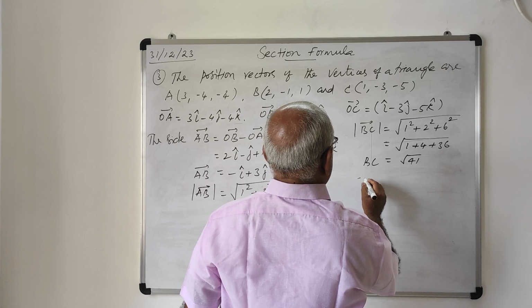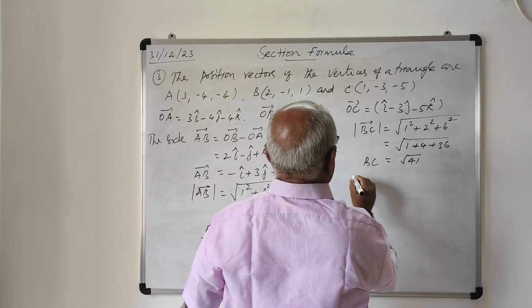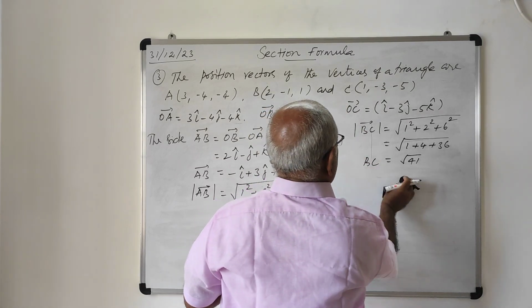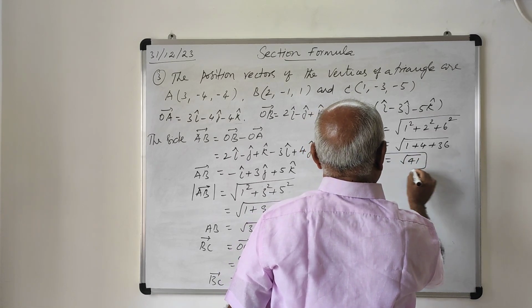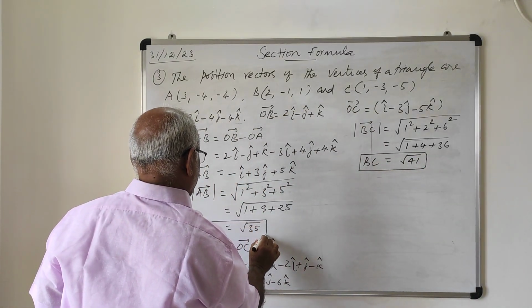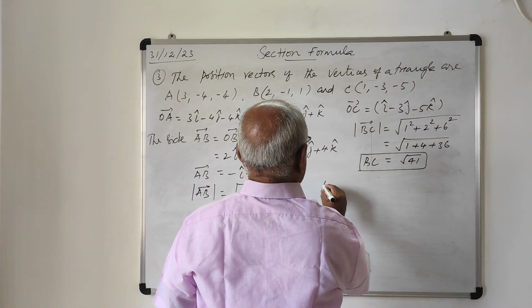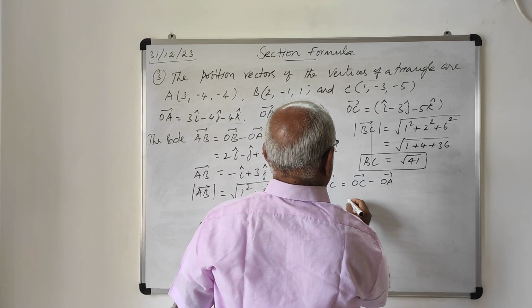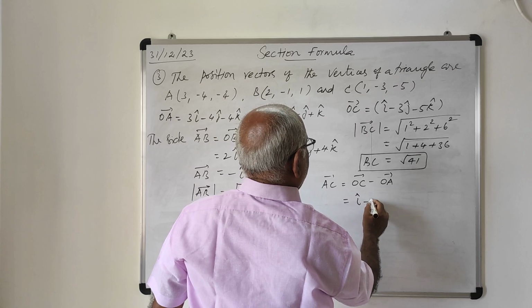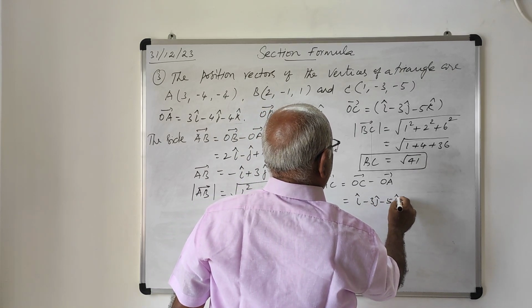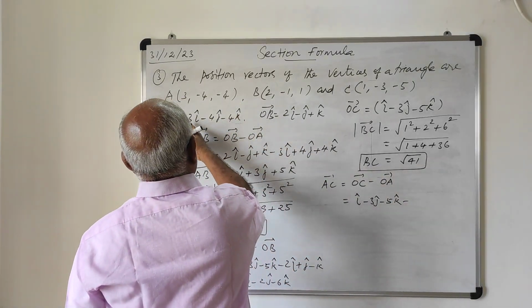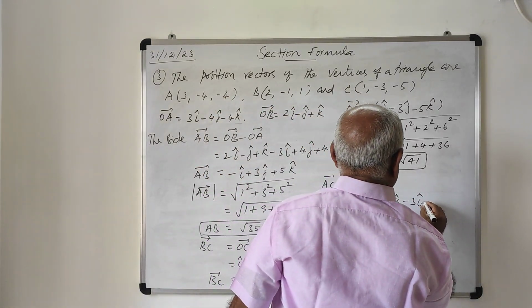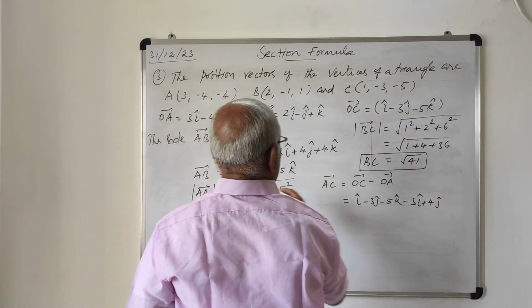The AC vector is OC minus OA: i minus 3j minus 5k minus OA, multiplying OA by minus gives minus 3i plus 4j plus 4k.